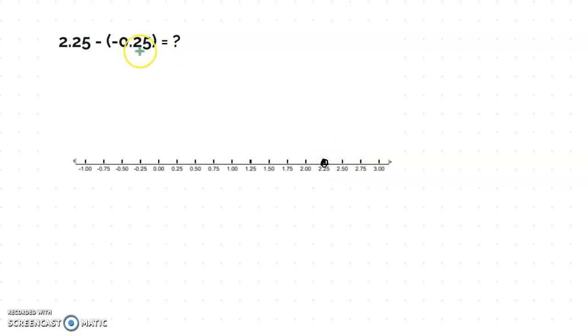So there's my starting point. Now, for this to work, I do need to change it to an addition problem. 2.25 plus positive 0.25, because remember, all subtraction is really adding the opposite. Some people do this, some people make this plus and then make this plus, and that's perfectly fine too. Now I'm good to go.